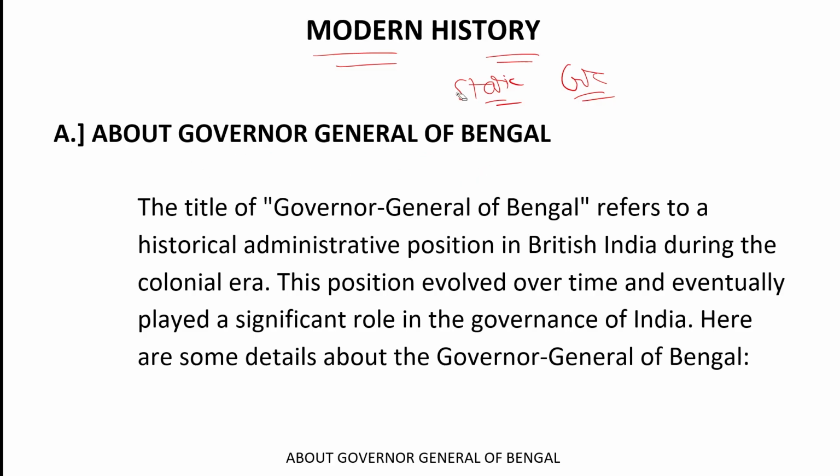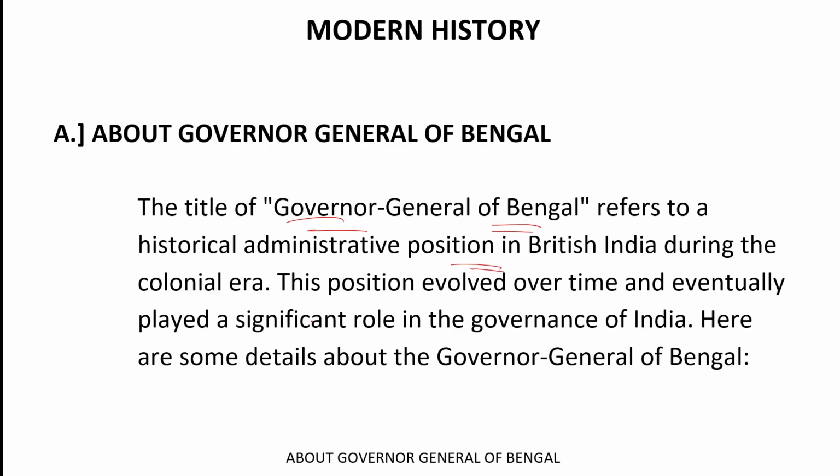So basically, if we start with the Governor General of Bengal, the first thing we should know is that the title of Governor General of Bengal refers to a historical administrative position in British India during the colonial era. This position evolved over time and eventually played a significant role in the governance of India.